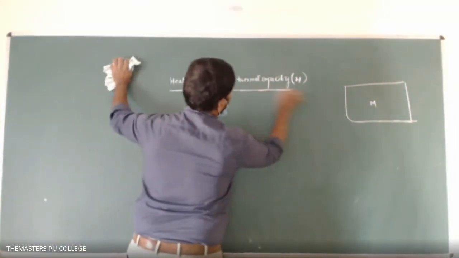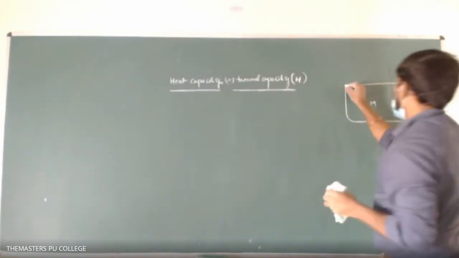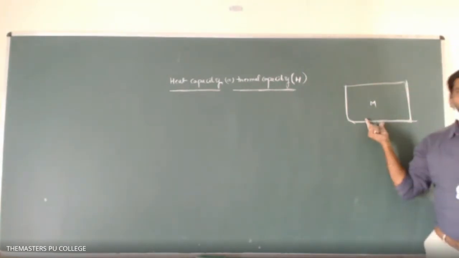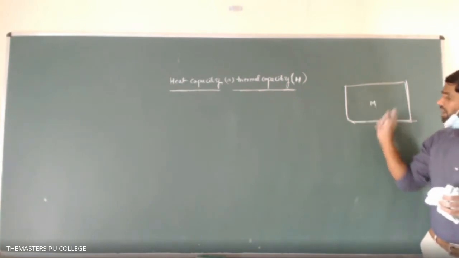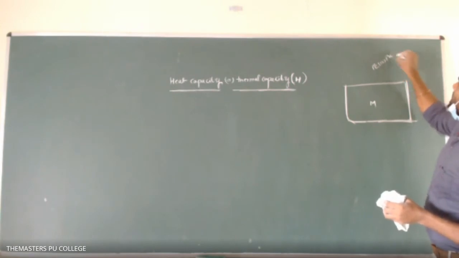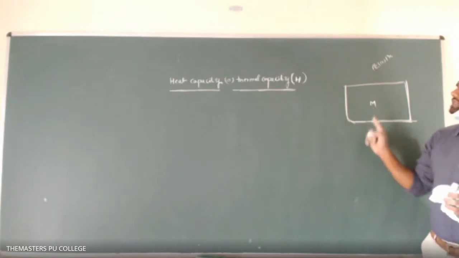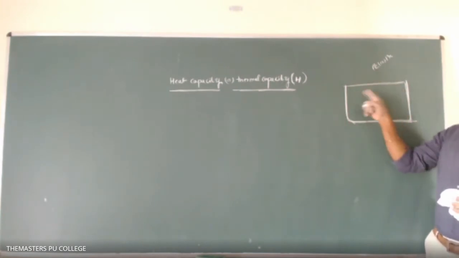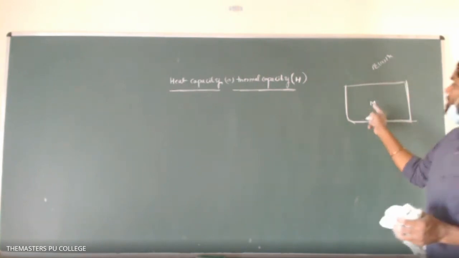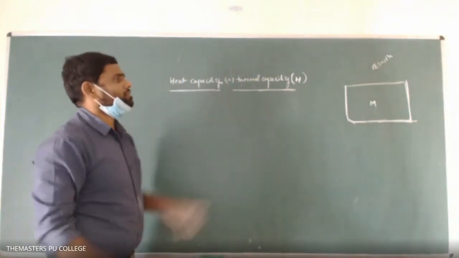It is the heat required. For example, this is a large block of a certain mass. How much heat energy do I need to supply to this block to raise the temperature of the whole block by 1 degree centigrade or 1 degree Kelvin? The amount of heat required to raise the temperature of the substance by 1 degree centigrade or 1 degree Kelvin is known as heat capacity or thermal capacity.